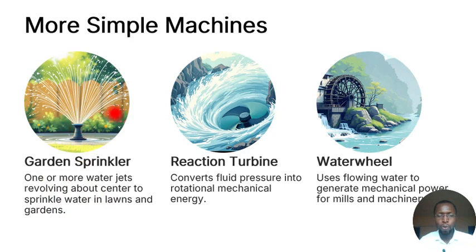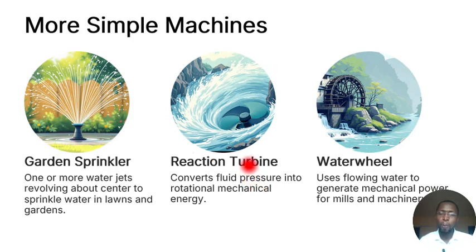It has nozzles where the water is being ejected out as it revolves around, and it sprinkles the water on the lawn. You could see it here. So all this water you're seeing here is coming from the nozzle of the sprinkler. As it's rotating, the water is being ejected and it's being sprinkled on the garden. So it's another hydraulic system.